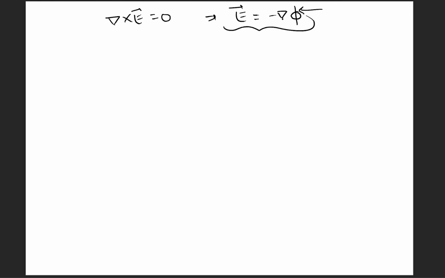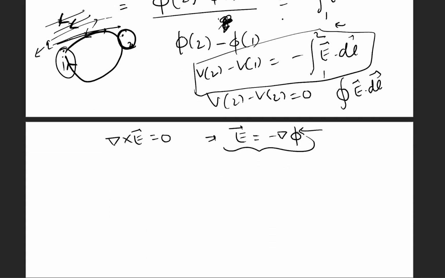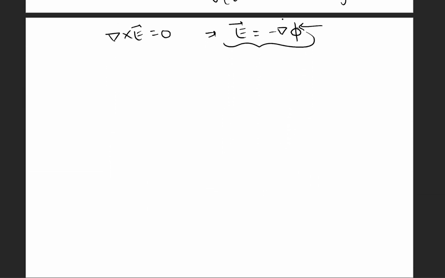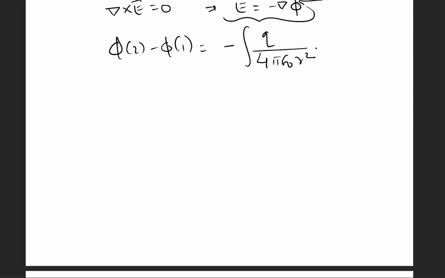Now this was defined for, let us say, one charge. This field was created by, let us say, one charge. What if there are so many other charges? So what was that? This phi 2 minus phi 1 was minus the integral of E, which is nothing but q by 4 pi epsilon naught r square, dotted with dr, and this is the direction AR from 1 to 2.